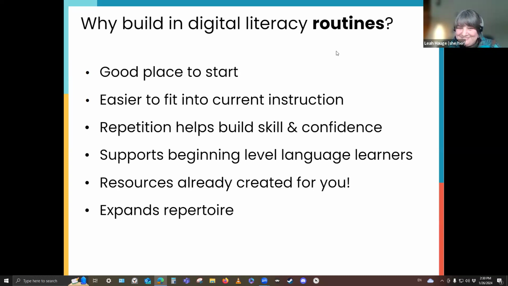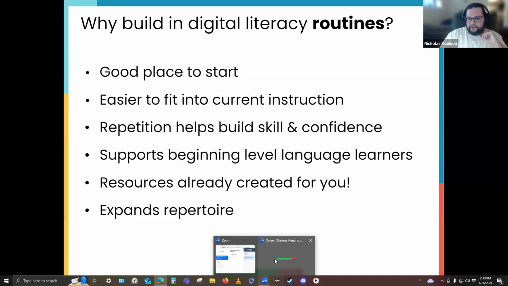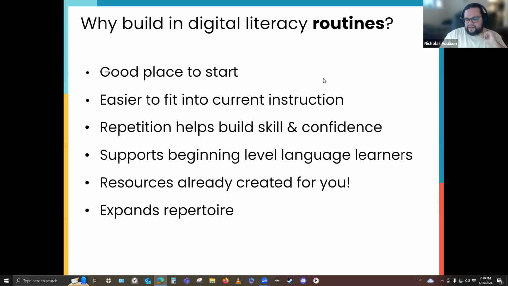So the number one thing that I think about when I think about digital routines, whether or not they involve merely students reviewing a distance learning platform like a reading or a phonics activity on MobiMax, which is one of the DL platforms we use. Shout out if you are familiar with MobiMax. Also, shout out if you're frustrated with MobiMax sometimes.